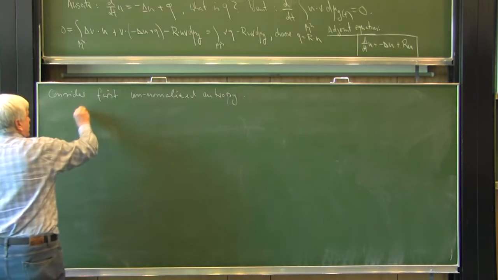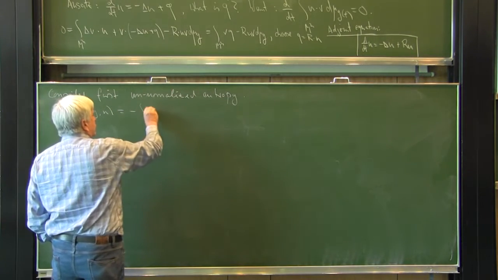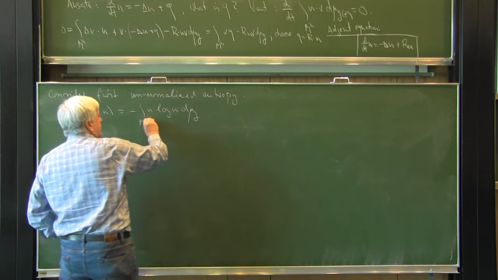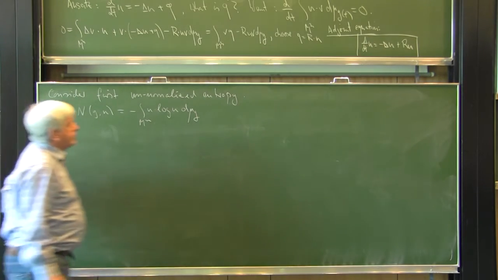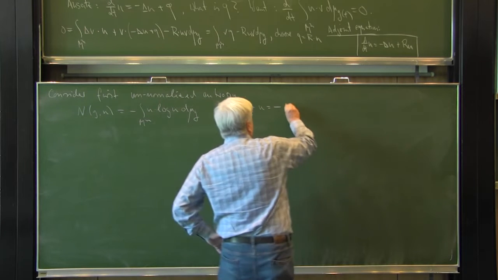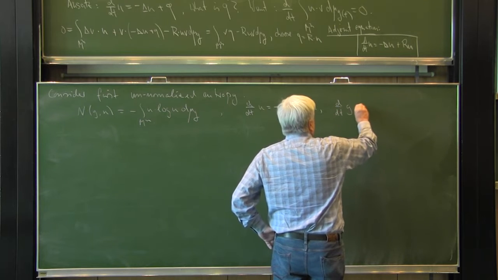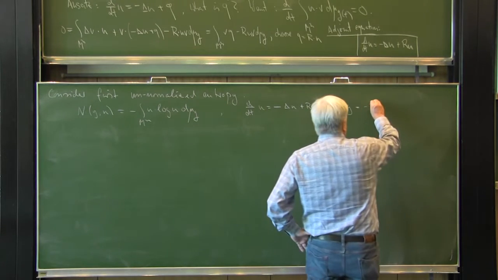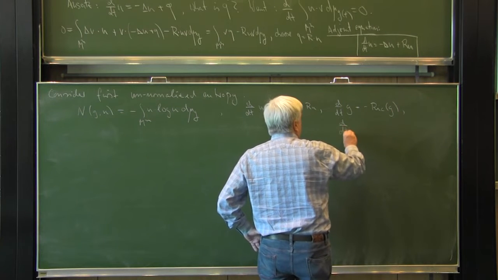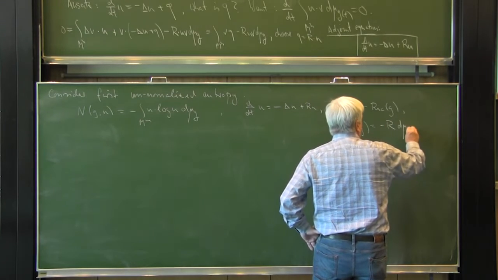We have N of g and u is equal to minus the integral of u log u d mu g over M, and we assume that d/dt of u is equal to minus Laplace u plus r times u, and we have d/dt of g equal to minus Ricci of g, which in particular means that d/dt of d mu g is equal to minus r times d mu g.